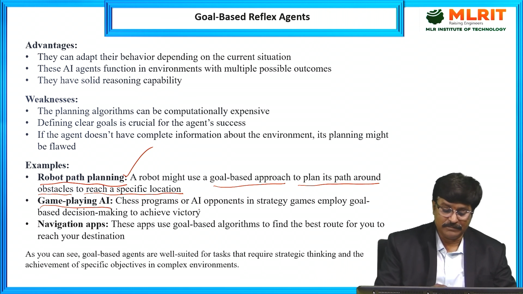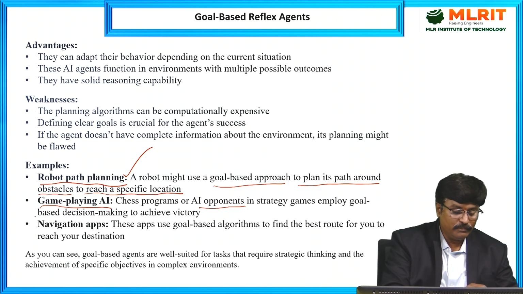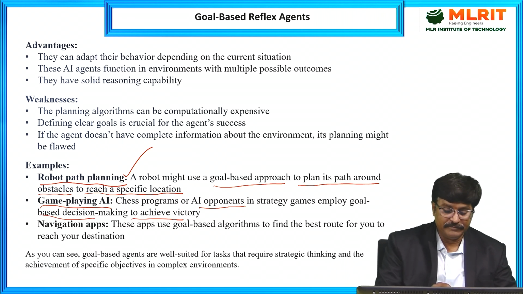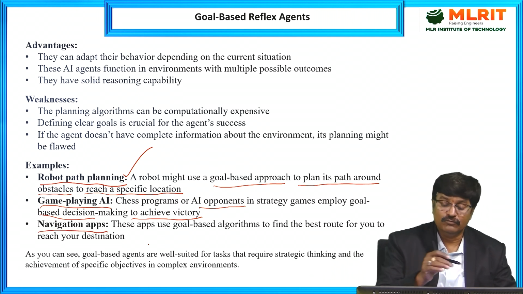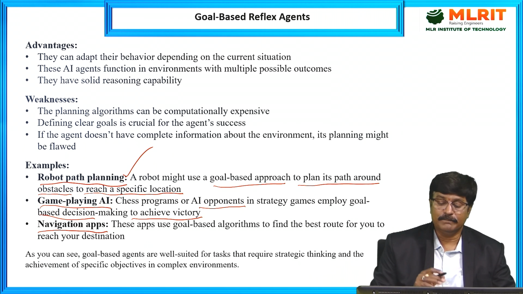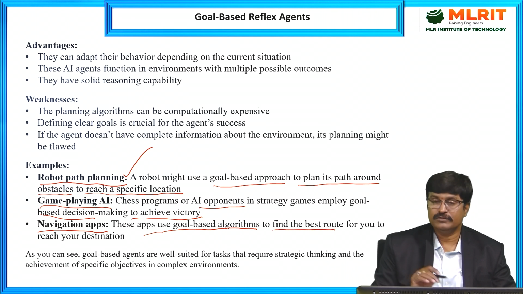Chess programs or AI opponents in strategy games employ goal-based decision making to achieve victory. Navigation apps also come under goal-based agents. These apps use goal-based algorithms to find the best route for you to reach your destination.